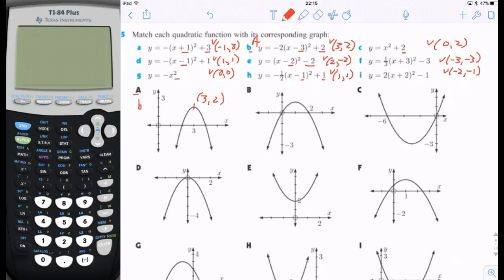This one here, B, the vertex is going to be at 1, 1. So let's see, 1, 1, capital B, or is it this one? Which one is it? Let's see. Well, both of them are pointing down, right? Or opening down.